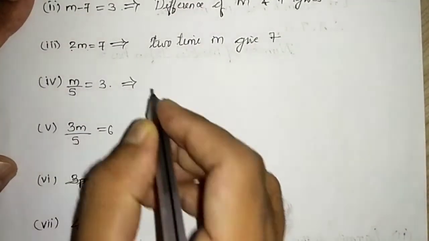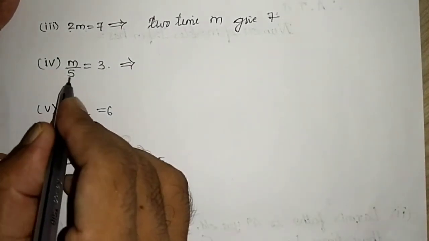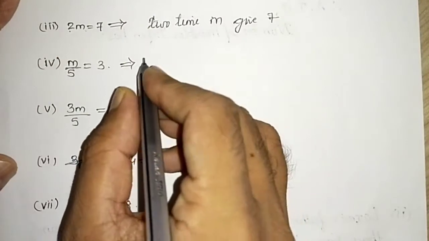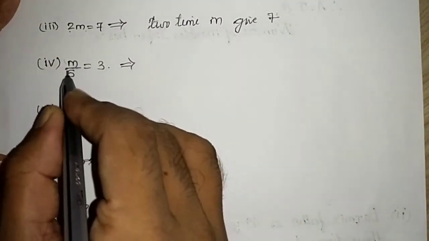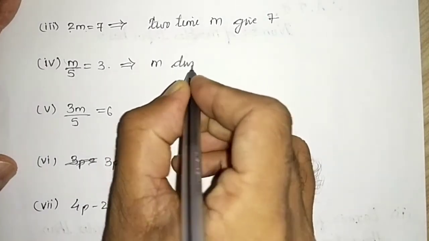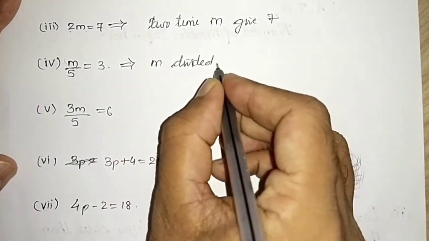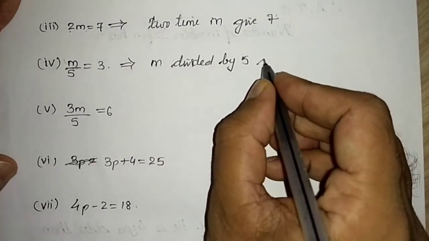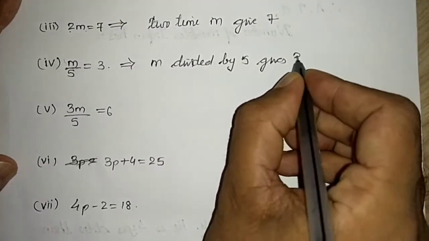Now in the fourth part we will write m divided by 5 gives 3.